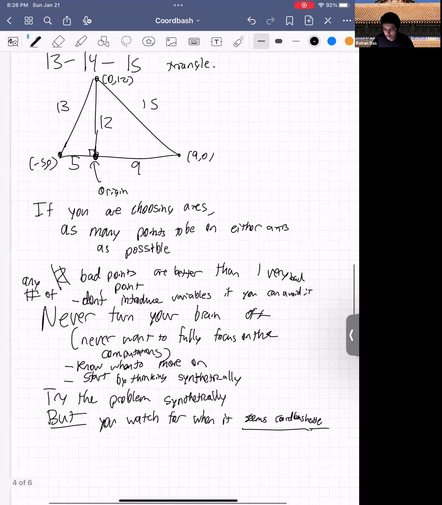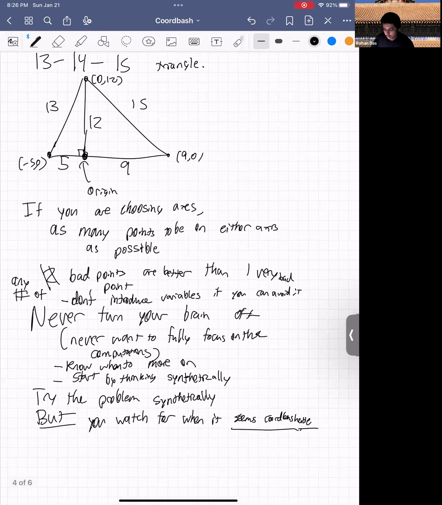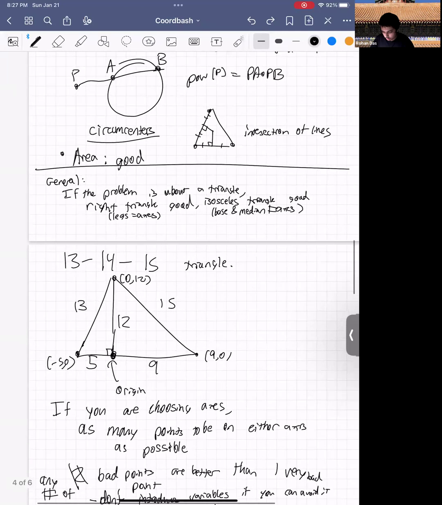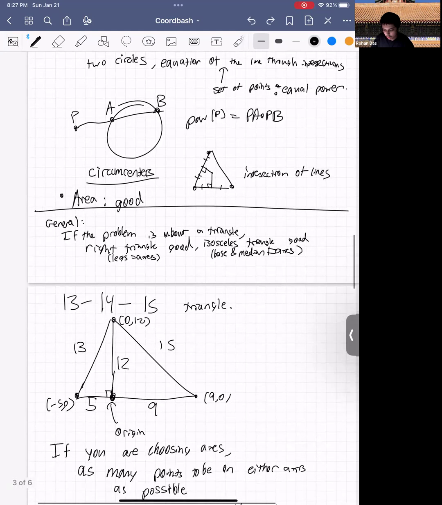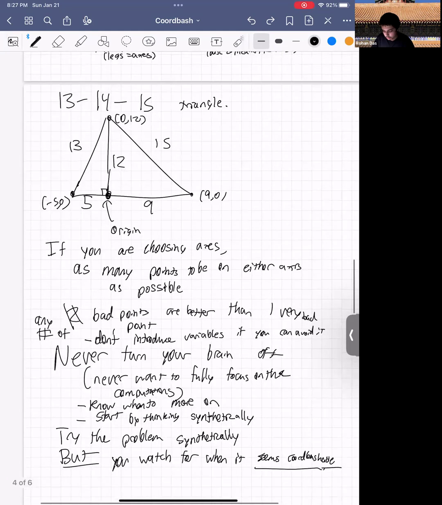So in general, when you're thinking, does this seem coordinate bashable, you should usually focus on things like: will there be a very bad point? Will there be too many bad points? Will I need to introduce a variable? And oh yeah, will I need to have square roots in it? Are there too many circles? And if you see that too many of these are the case, then it usually isn't coordinate bashable.